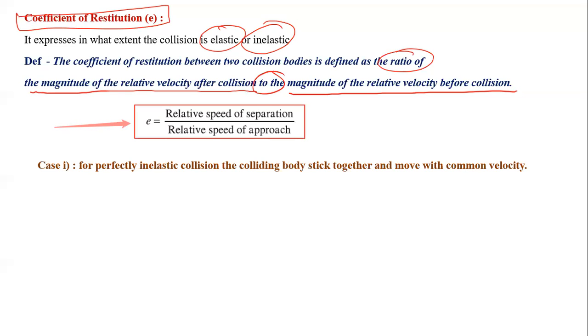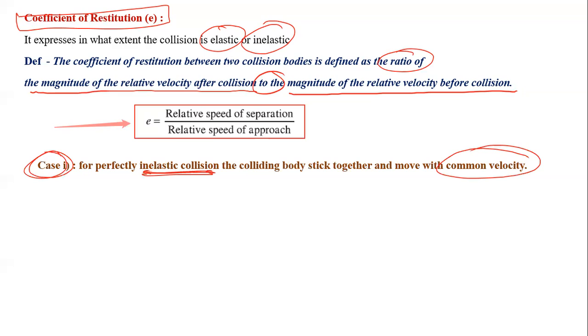Now let me write the two cases here. Case 1, for perfectly inelastic collision. The colliding bodies stick together and move with a common velocity. For example, when the collision is inelastic, the objects collide and stick to each other.